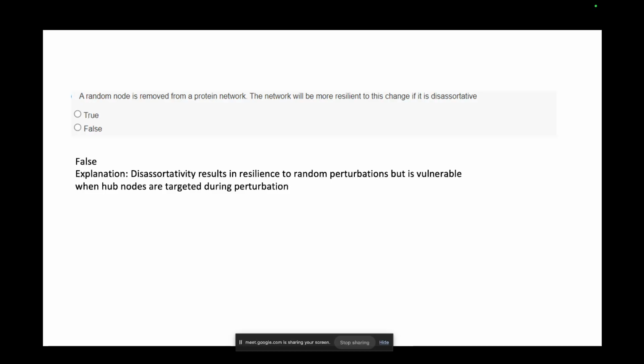Now you randomly remove a node. That hub is going to be more affected than randomly removing a node from a disconnected hub. That is what you are saying, right? Yeah, that is true.